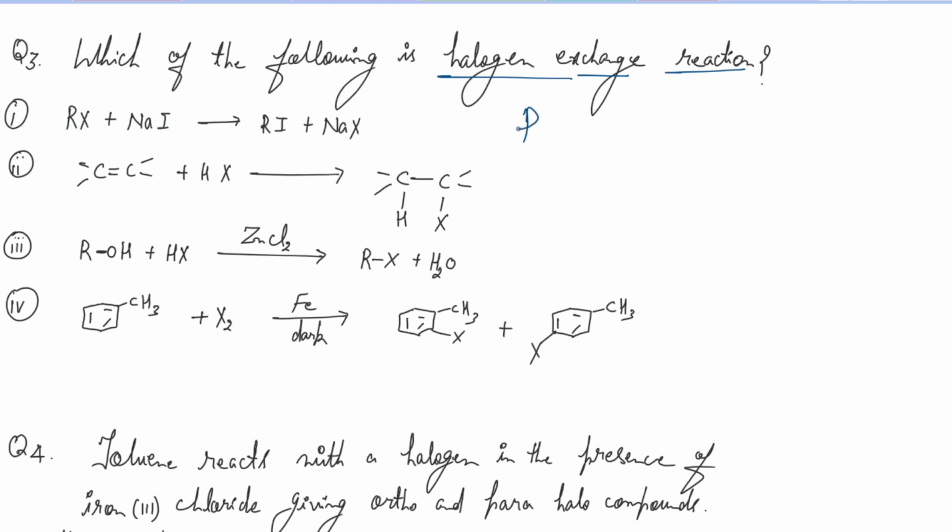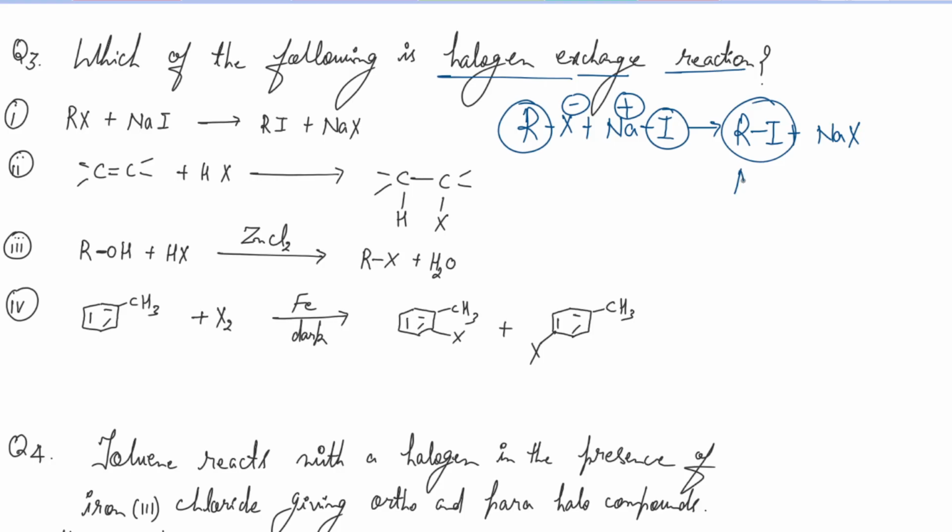So the reaction will look like this: it will react with the iodide and form RI, and the sodium plus and halide will be NaX, okay. So this is your alkyl halide, and this is your alkyl iodide.